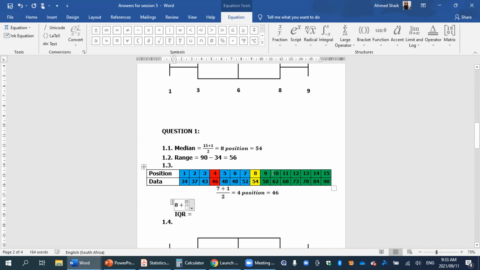And we have 7 values in our upper half, plus 1 over 2, and 8 plus 8 over 2 is 4. And that tells me that equals the 12th position.